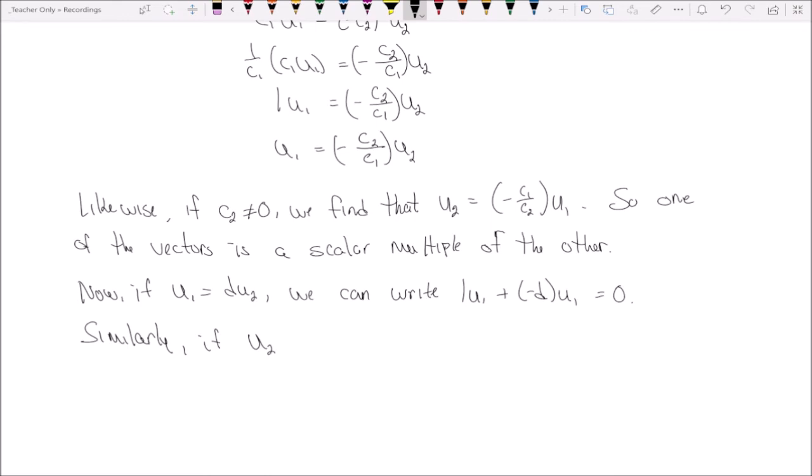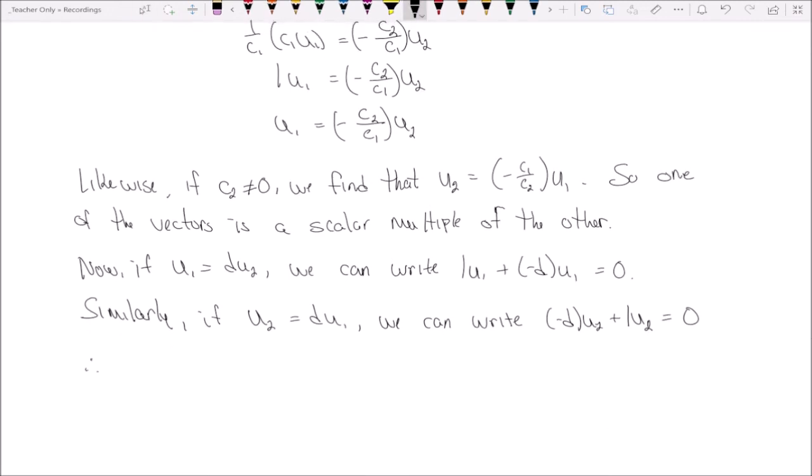Similarly, if U2 is D U1, we can write that negative D U1 plus 1 U2 is equal to 0. And this proves that the set of U1 and U2 is linearly dependent. And that proves the second statement.